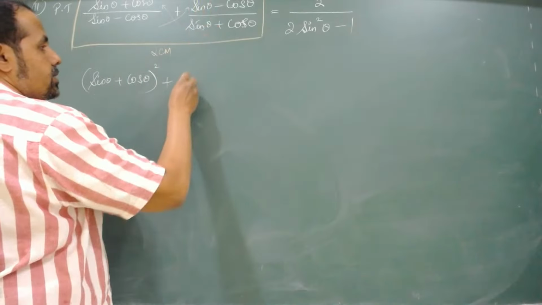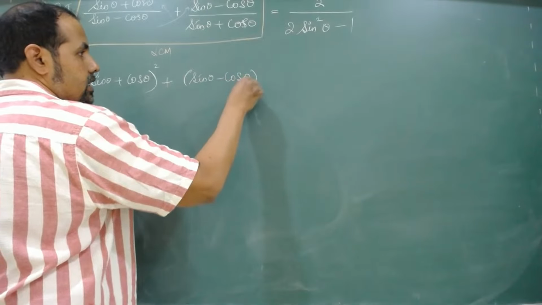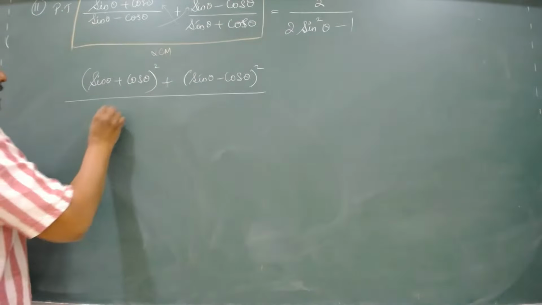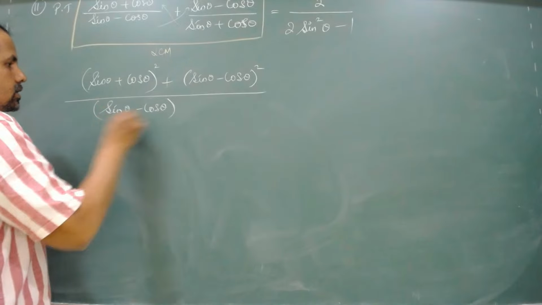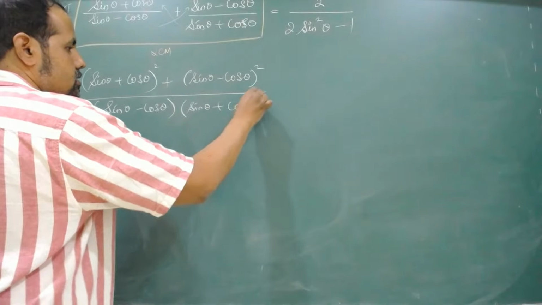Again here, sin theta minus cos theta into sin theta minus cos theta would give me sin theta minus cos theta the whole square, divided by the denominator sin theta minus cos theta into sin theta plus cos theta.